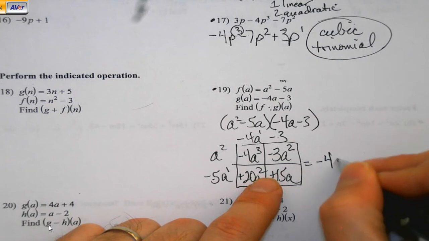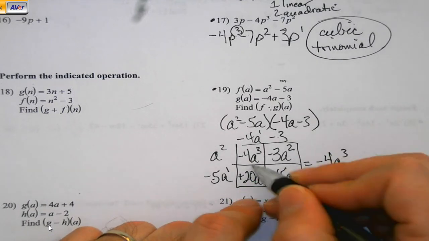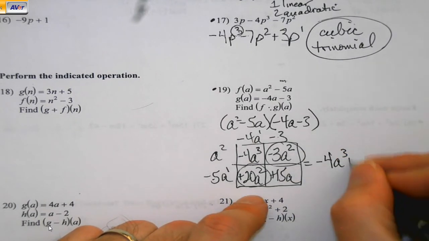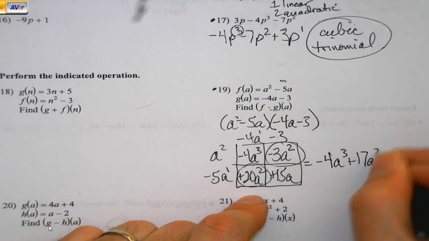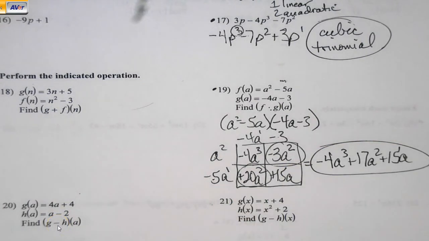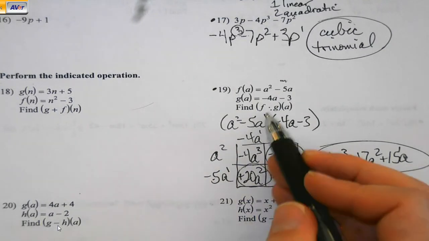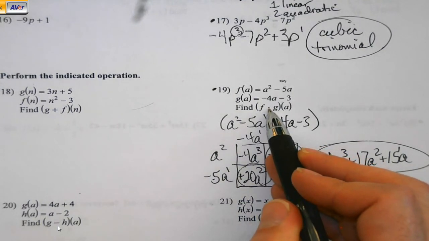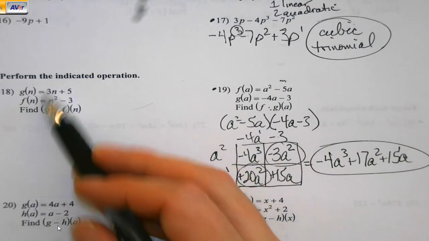And then just write my answer from the largest degree to the least. Okay, so the critical part here, I'm hoping you're kind of noticing here at the start, is looking for whatever symbol's in the middle. Okay, g plus f, combine like terms.